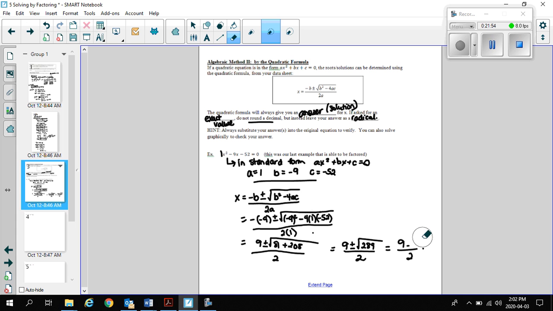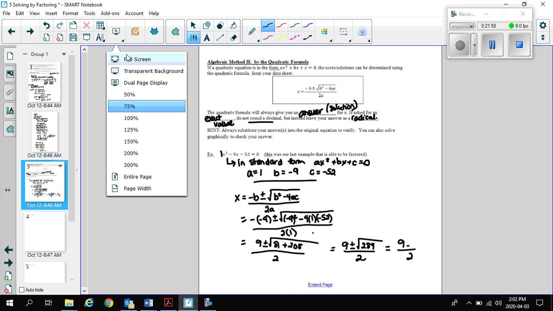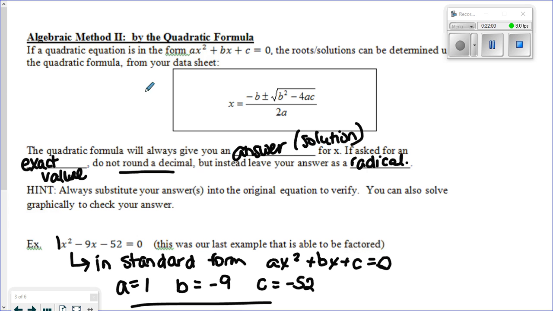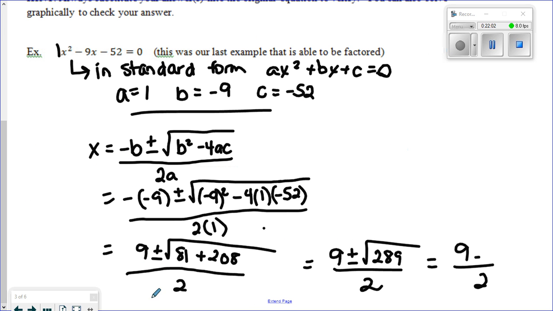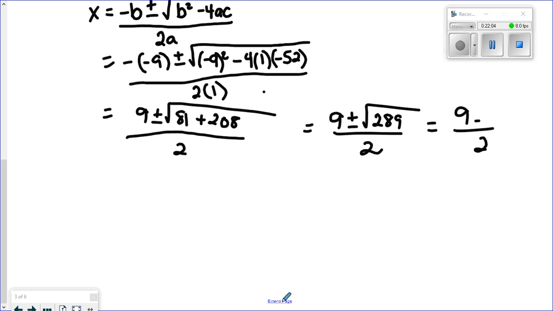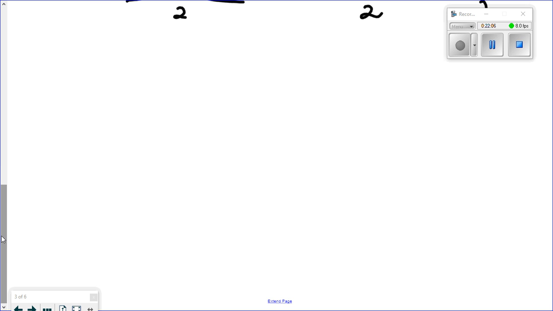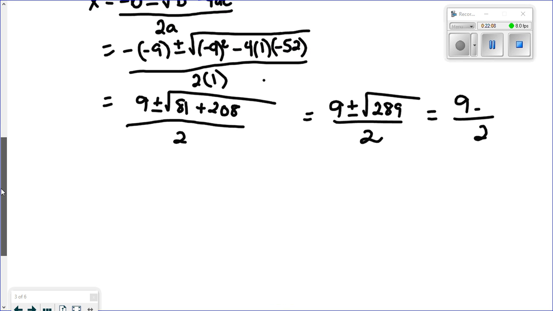I made a mistake there. It's not plus or minus the square root of 17. So it's plus or minus 17, because again, the square root of 289 is 17.